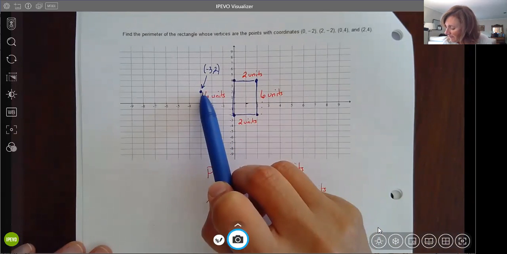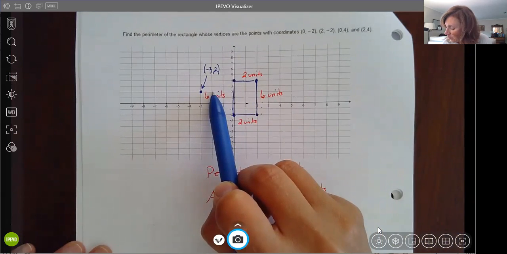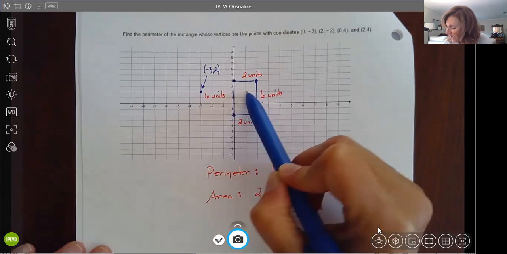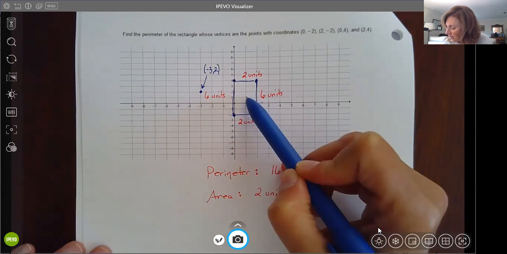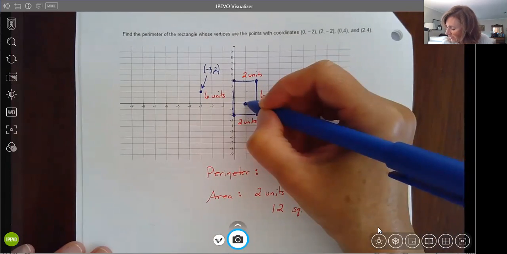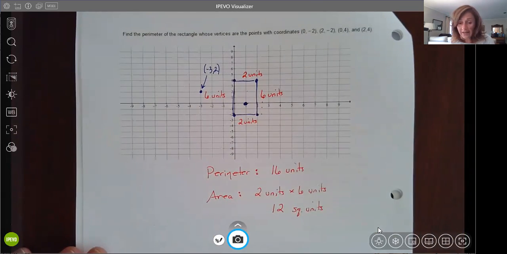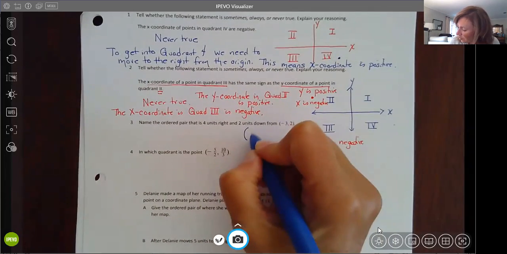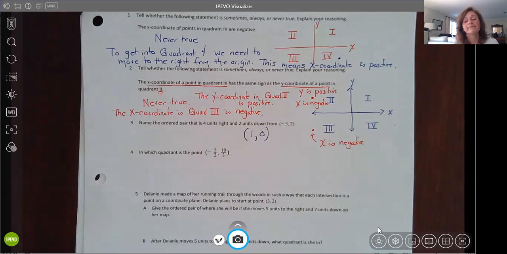Let's try it again. 4 units to the right, 1, 2, 3, 4, and then 2 units down, 1, 2. That's going to put me right there at 1, 0, right? I go to the right one, but I don't go up or down. So that ordered pair is going to be 1, 0.